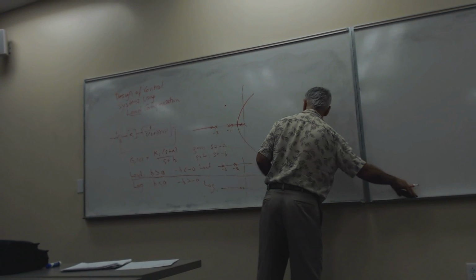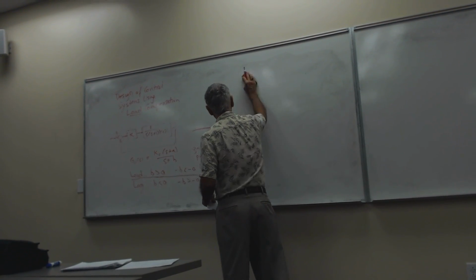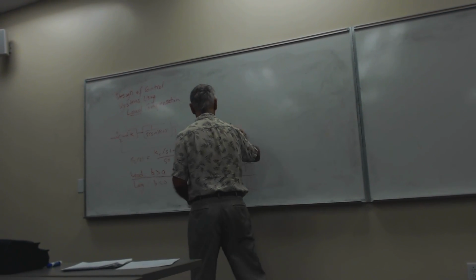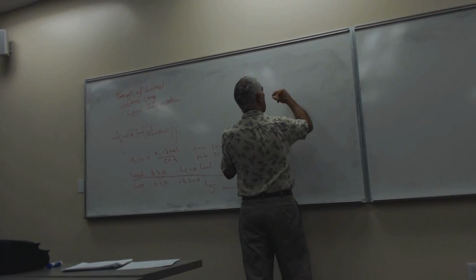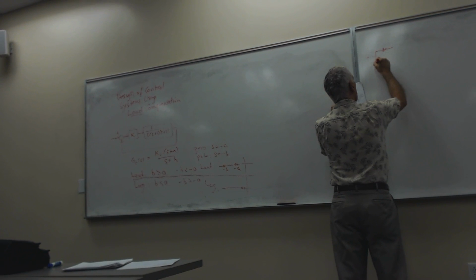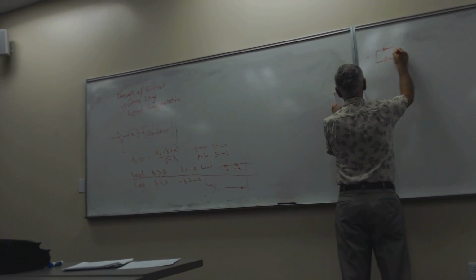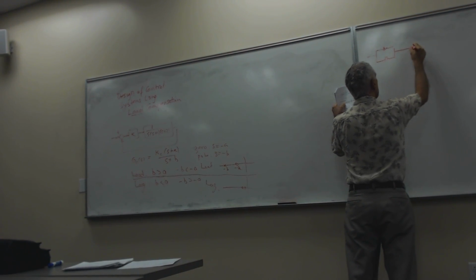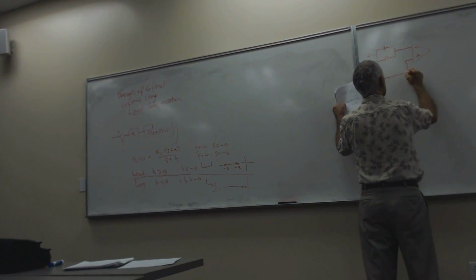We also talked about how to implement the lag or lead compensator. You can use the RC circuit. It looks like this. We have an R, C here, followed by the op amp, with minus and plus inputs and ground.